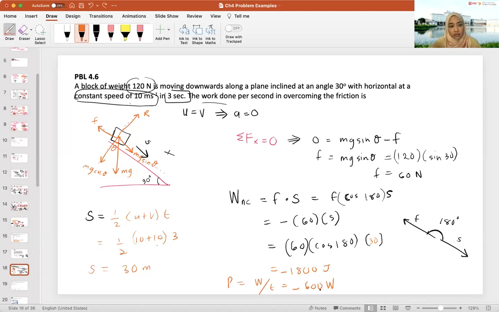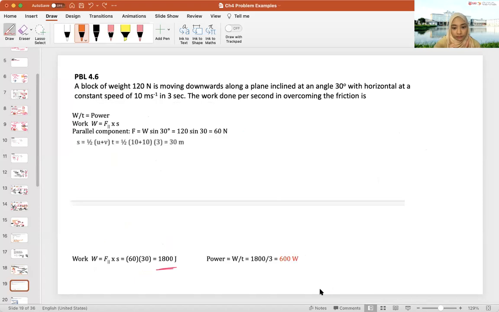So minus 600 watts. Here they didn't put the negative sign because they already know that we are referring to the non-conservative work done.